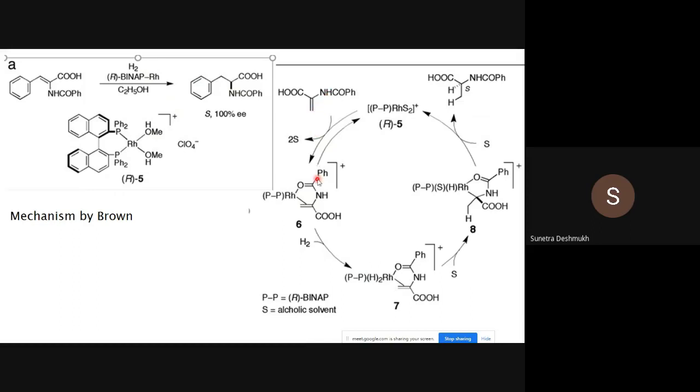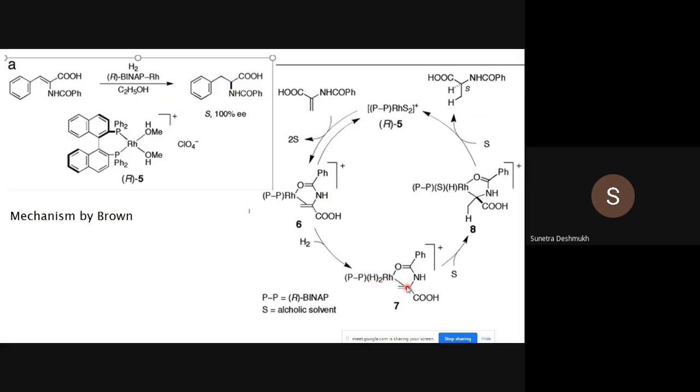Okay, so here pay attention. The NH carbonyl group from the amide and the carbon-carbon double bond: rhodium is getting coordinated with this carbonyl group and the carbon-carbon double bond. Addition of hydrogen H2 is here. Both hydrogens get attached to the rhodium catalyst.